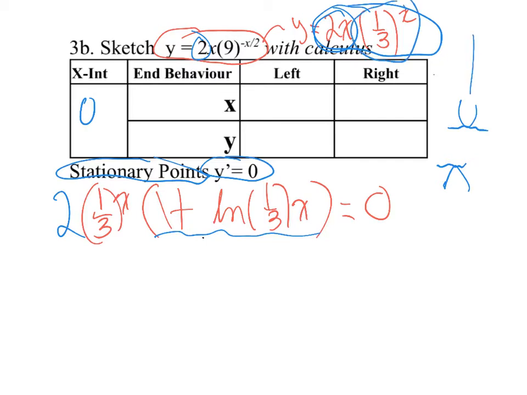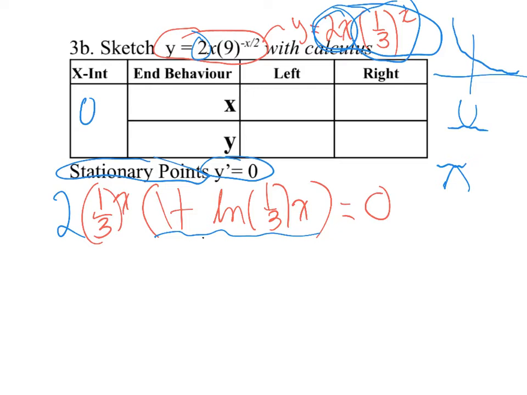Think of what the graph of 1/3 to the x looks like. It's asymptotic. It gets closer and closer to 0, but it never touches it. So, no, 1/3 to the x is never 0. Any simple exponential function, b to the x, is never 0. So it doesn't create any x-intercepts. Or if it was in a derivative, it wouldn't create any stationary points.